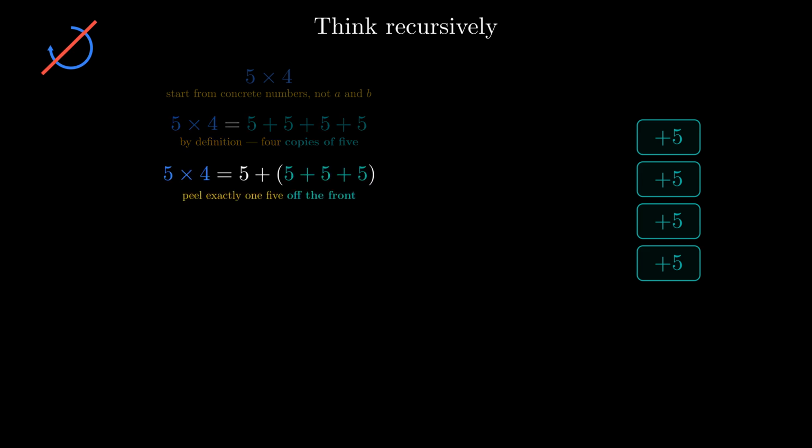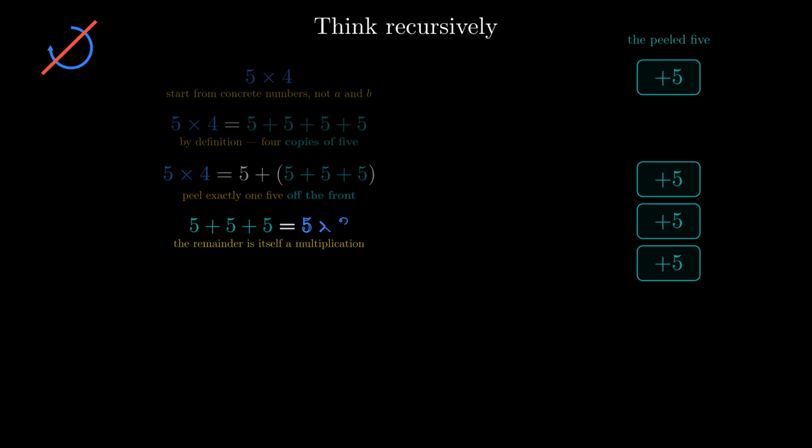Now forget the loops and look at the problem itself. Recursion begins by spotting the thing being repeated over and over. Concrete numbers make it visible, so take 5 times 4. By definition, that is 5 plus 5 plus 5 plus 5, 4 copies of 5. Here is the shift. Instead of adding all 4 copies ourselves, peel just one 5 off the front.